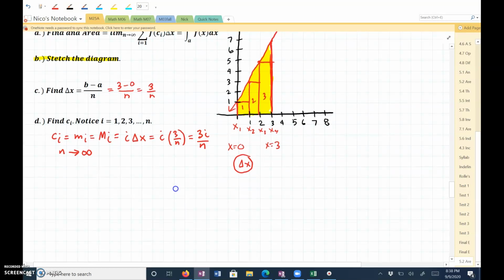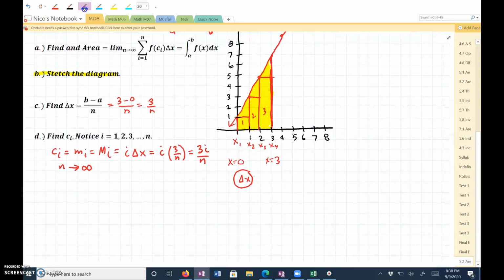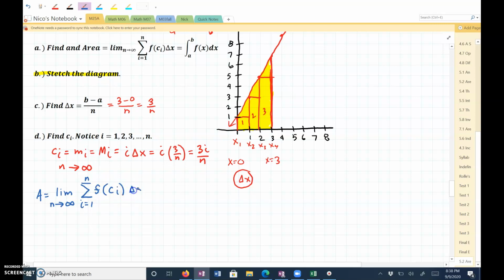Now we are ready to solve. So the area is going to be the limit as n goes to infinity of the summation when i equals 1 to n of f of c sub i delta x.